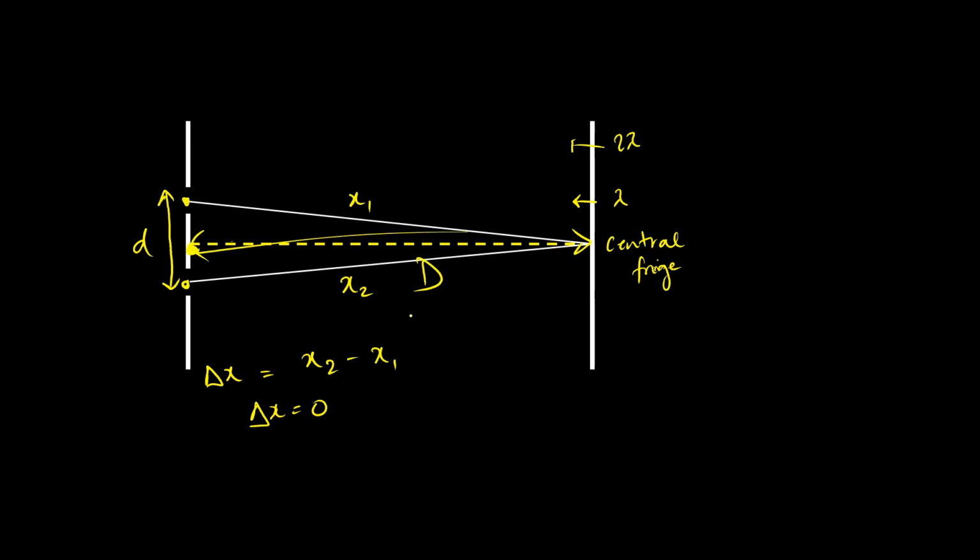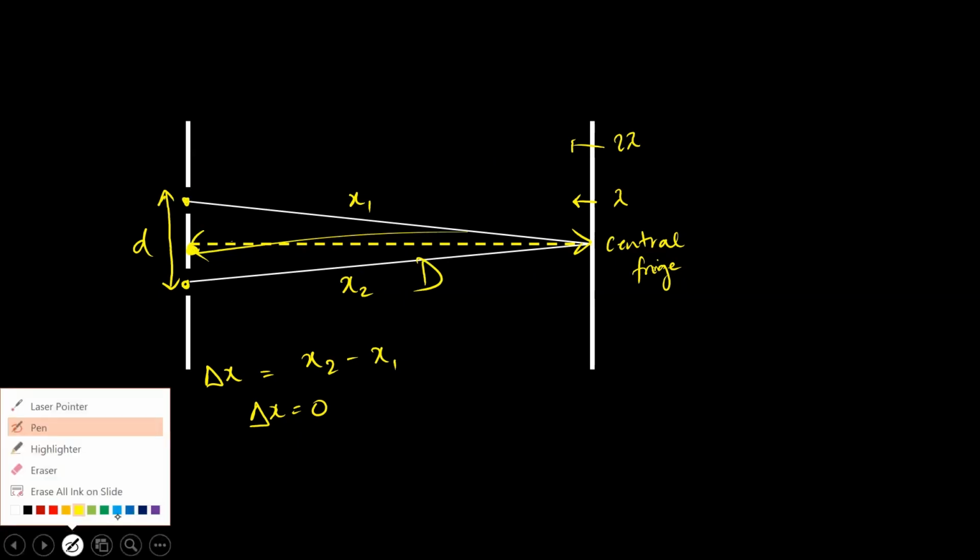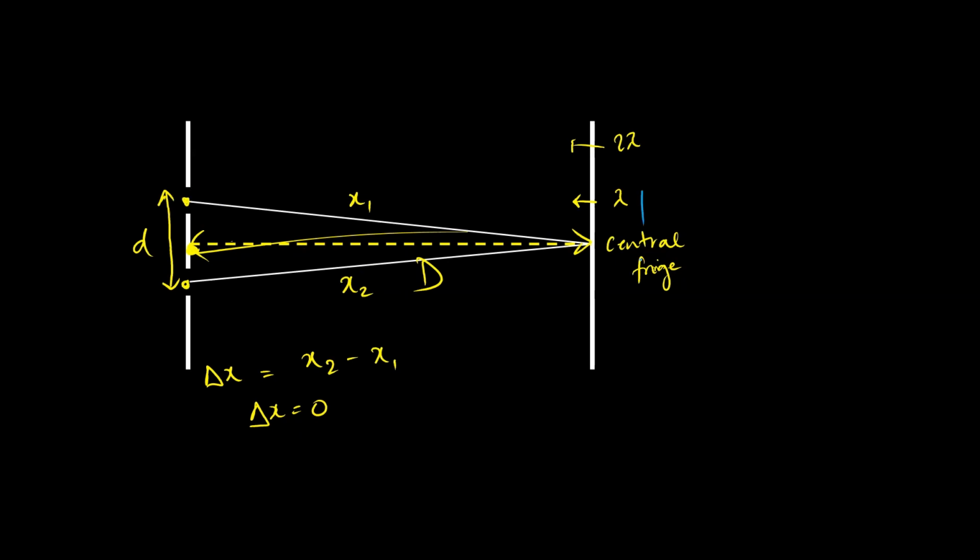And let's change the color here to here maybe. We'll call this Y, which is the distance between the central fringe and the first order bright fringe. So we say that's first order. 2 lambda would be second order bright fringe, right? So just like that.